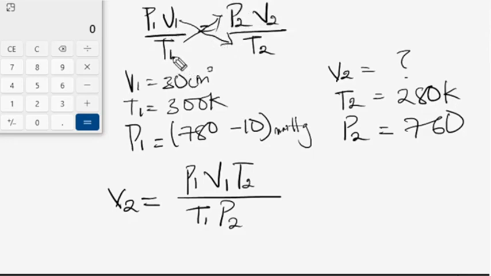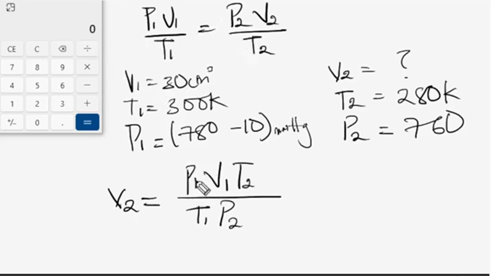For instance, I'm making V2 the subject of the formula. V2 goes with everything along this side, so it goes with T1 and P2. So it means that T1 P2 will be the denominator, whereas the rest will be the numerator. So guys, this is an easy explanation of this.